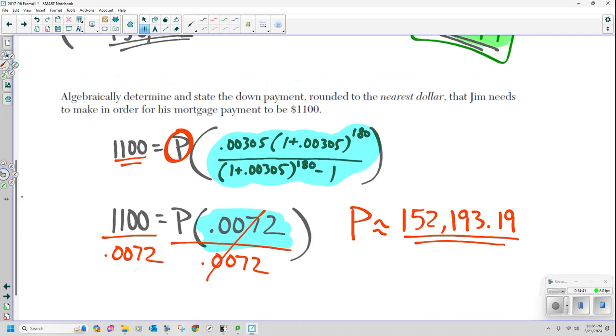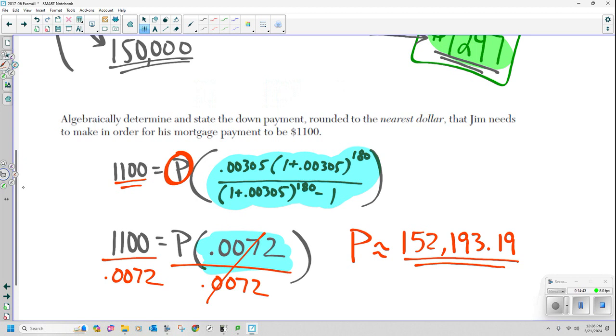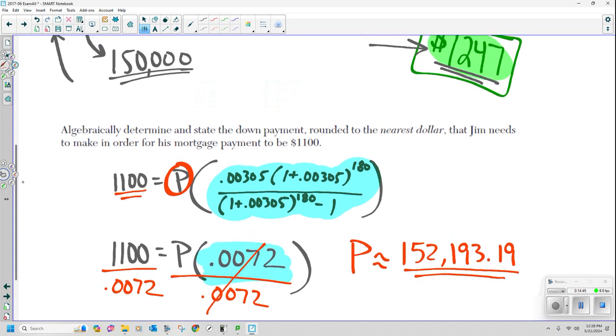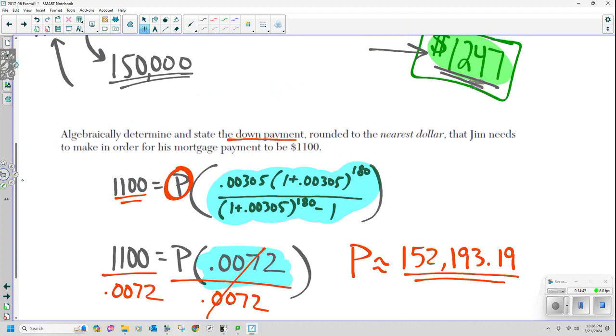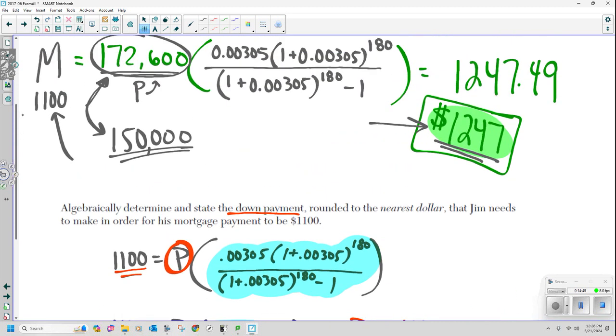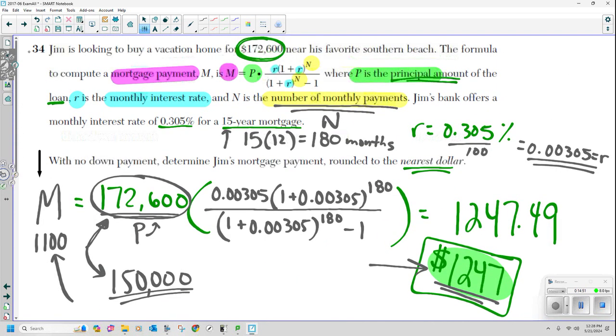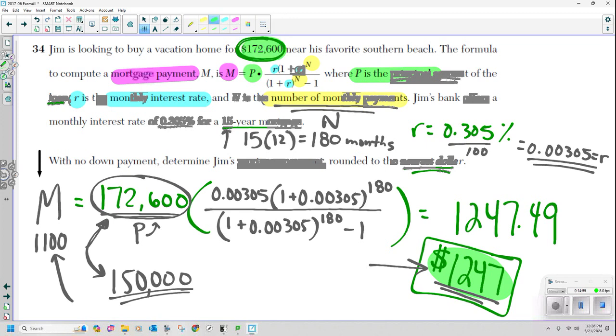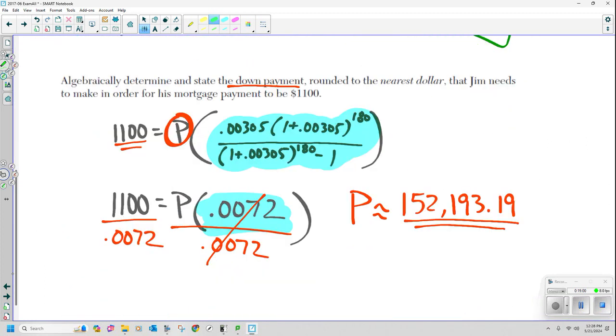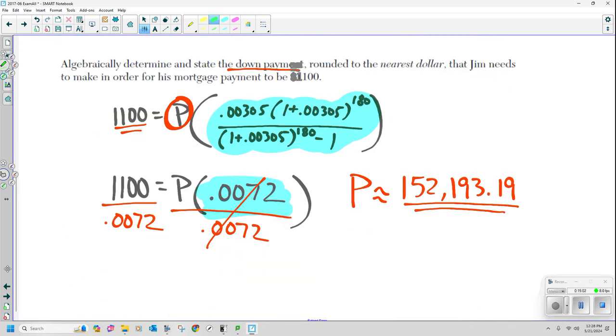So they're not asking you what the borrowed amount is. They're asking you what does he need to put down? What's his down payment? So if the house that I want to buy is $172,600, how much of that money am I going to have to pay up front so that it will become $152,193.19?